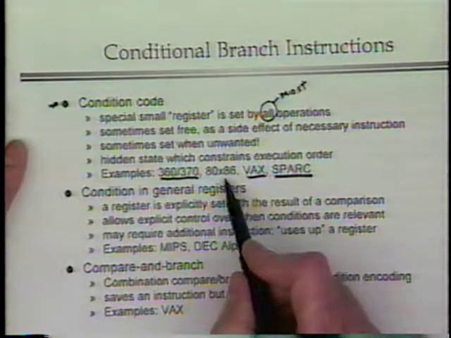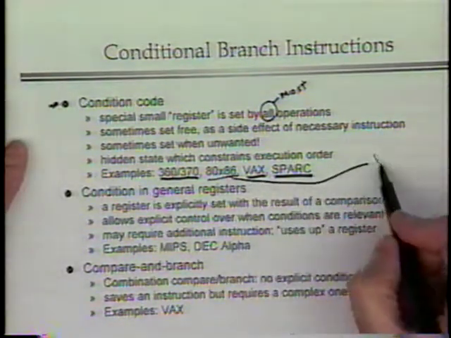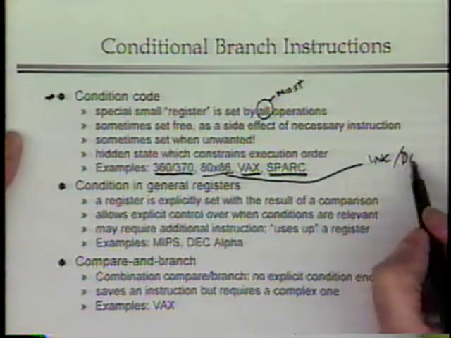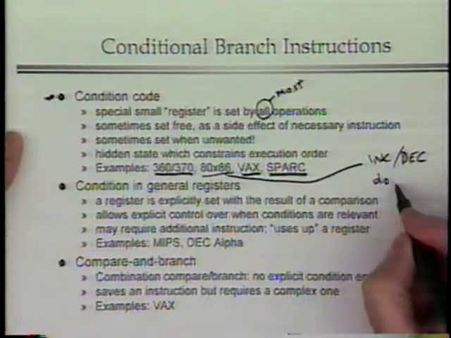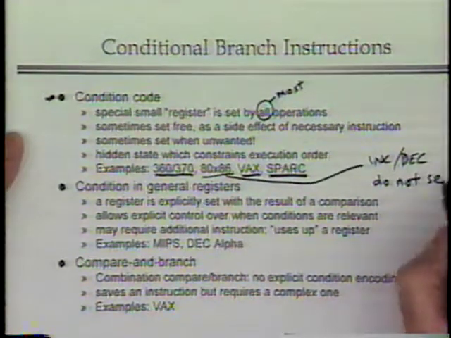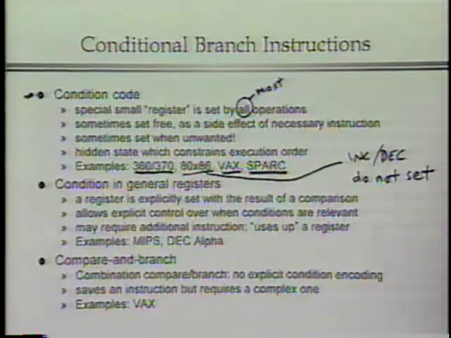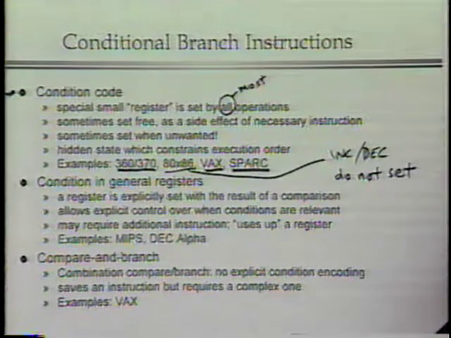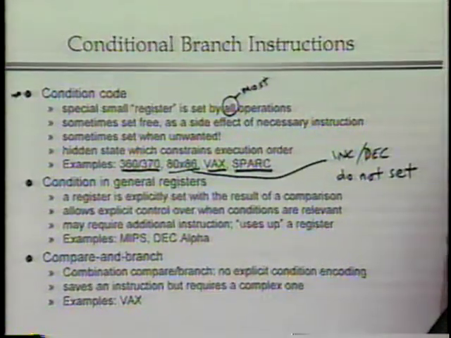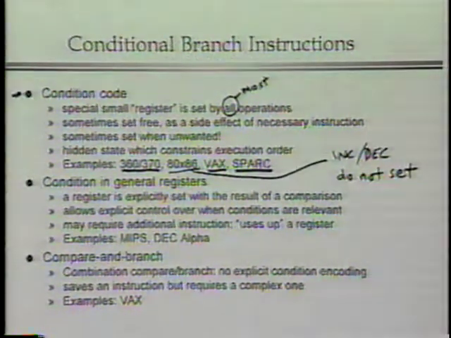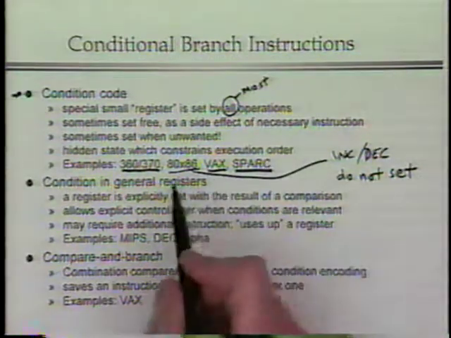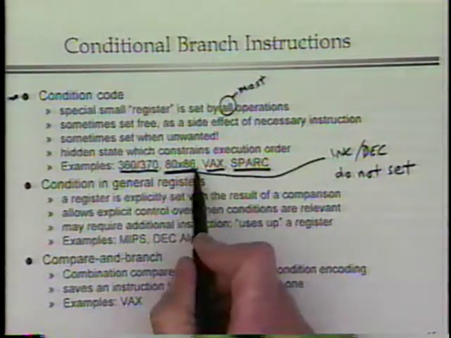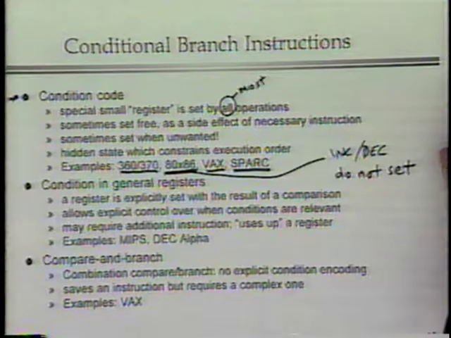For example, in the 8086 architecture, INC and DEC, the increment and decrement instructions, do not set the condition code. Can anybody guess why they might have chosen to do that? It has to do with not destroying the condition code when it's in use for something else. The original heritage of this instruction set had very small memory operands, 1 or 2 bytes.